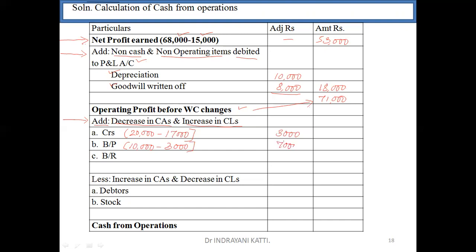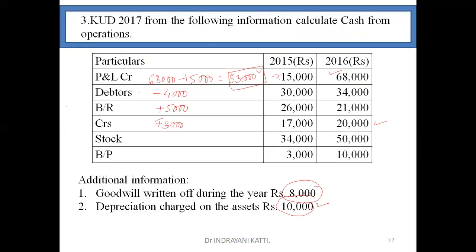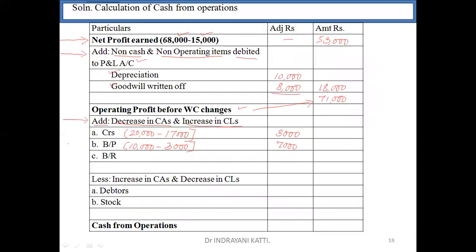Look at the problem, the last item, bills payable. Earlier, in the first year, 3,000 was there, and next year 10,000. That is why increase in the current liability is added. The same I have written here as 10,000 minus 3,000, rupees 7,000.